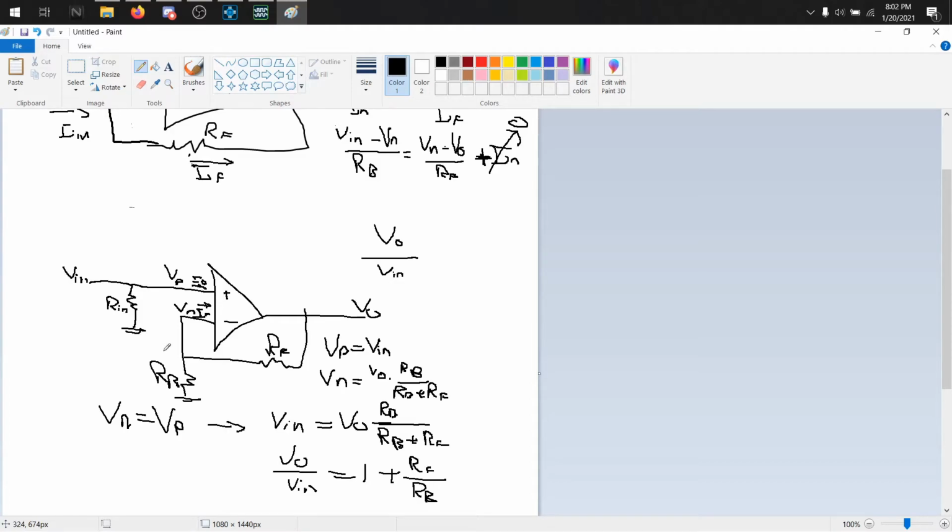Think of it as if you put a voltmeter here and a voltmeter here, it's going to be equal because it's in parallel, kind of. So the voltage across here is the same voltage across here because it's the same thing across Rn. So the voltage input is the same as the Vp.